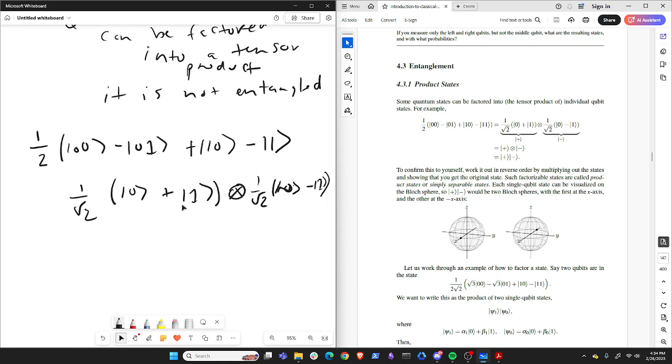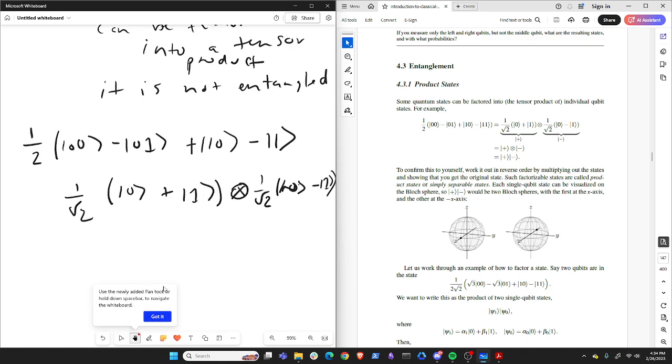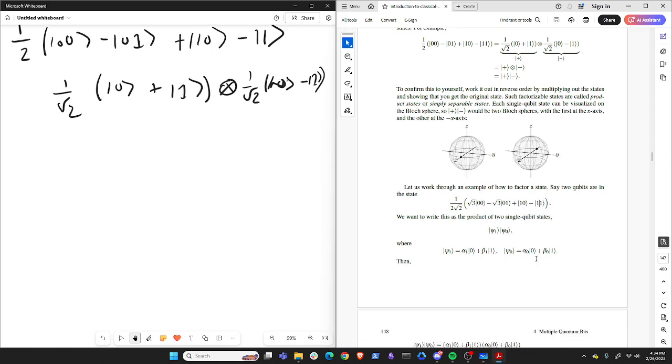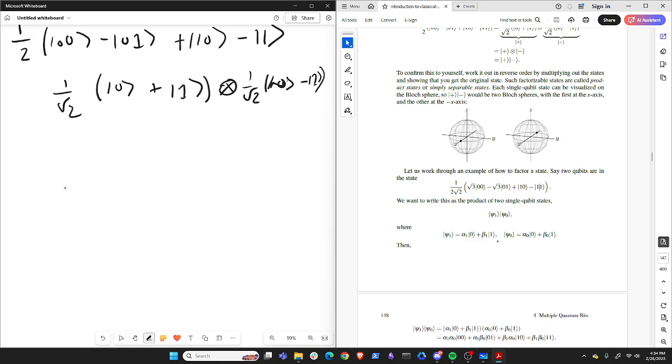It's possible to check and see if we can factor any state by working through this example here. I worked through this one earlier today just to make sure I could get the mechanics down. So let's go ahead and jump in here.